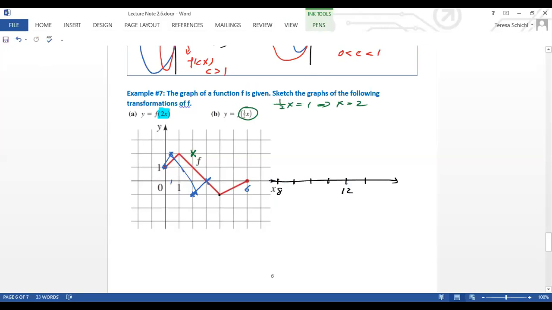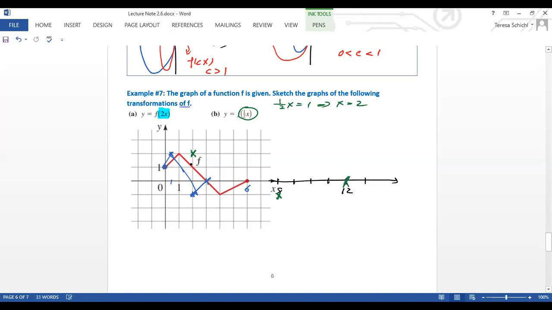You need to double it, so it's 8. The second point goes to here. Now the third point, from 0 to 6, is 6. You double it, so it's 12. So this one goes to here.